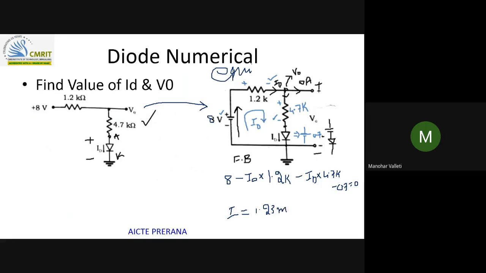Did you get the answer? You got the answer? 1.23 milliamps. So, 1 minute.